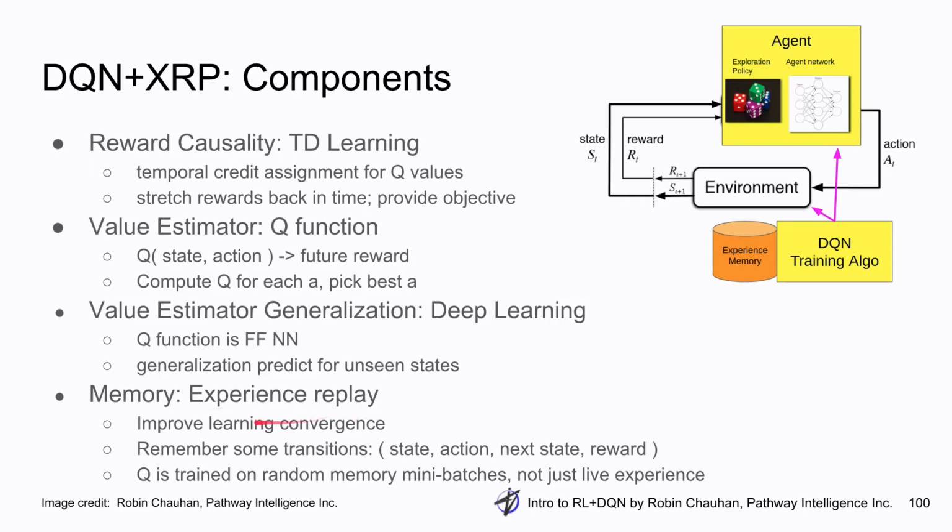And then there's the experience replay memory. The purpose of that is if you're just playing the game and you're learning on every step in real time as you go, then all your steps are correlated, they're very similar. You're on a very similar trajectory.